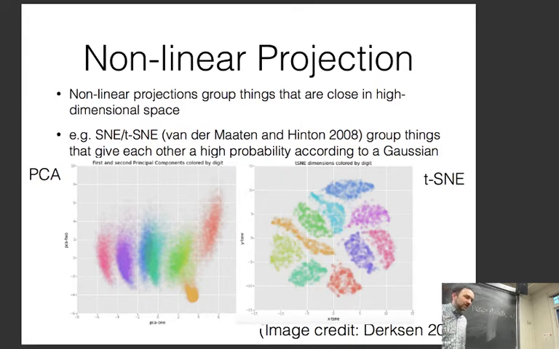On the other hand, if you do it with t-SNE, you get these very nice clusters that correspond to each of the digits. So the red one is one digit, the green one's another digit. So the idea behind why you would use t-SNE instead of PCA is it's a better visualization of things that are close together in the space as opposed to a visualization of actually their linear relationship.